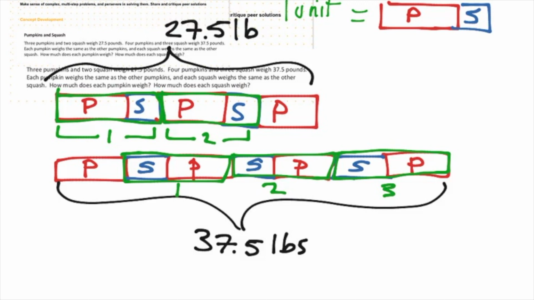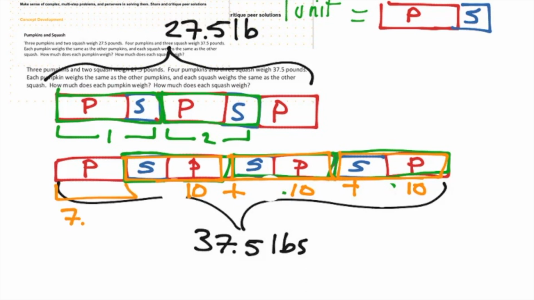If 1 unit was 10, this is 10. If this was 10, pumpkin and a squash, 10 pounds, and this was 10 pounds, that leaves me 10 plus 10 plus 10. That leaves me with 30 pounds right there. Then it makes it a little bit clearer. Okay, so this is going to be that remainder. If the rest is 30, this has to be 7.5.